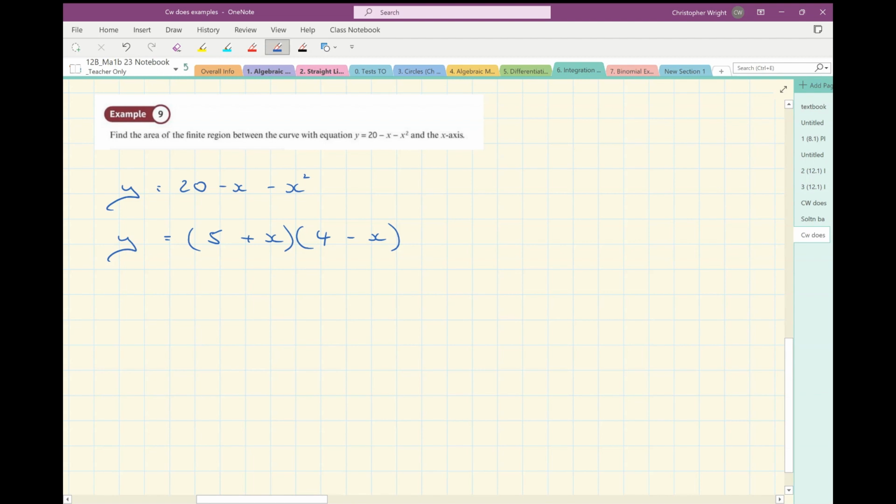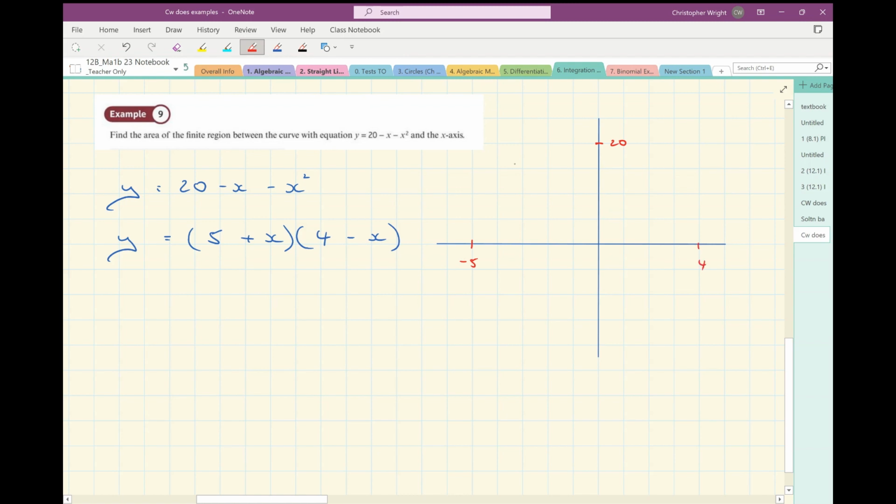So now I think I can sketch the graph here. There's my y-axis. Here's my x-axis. Now my graph, I know it goes through 20 here. And I know that it's minus 5 there, and now it goes through 4 here.